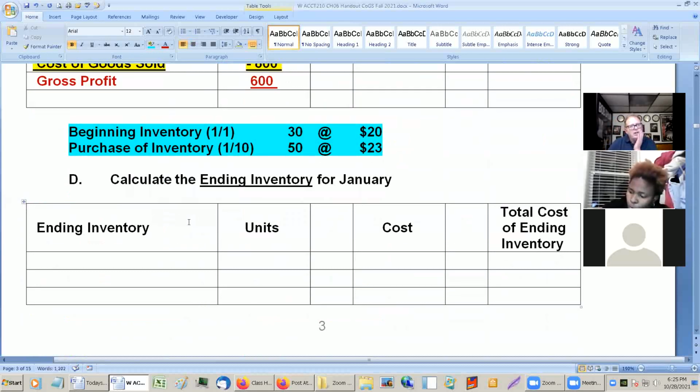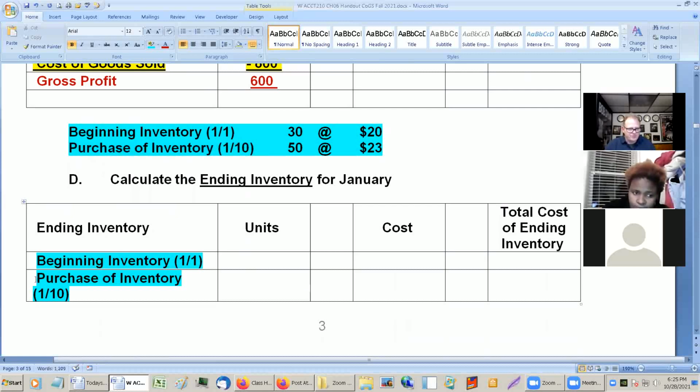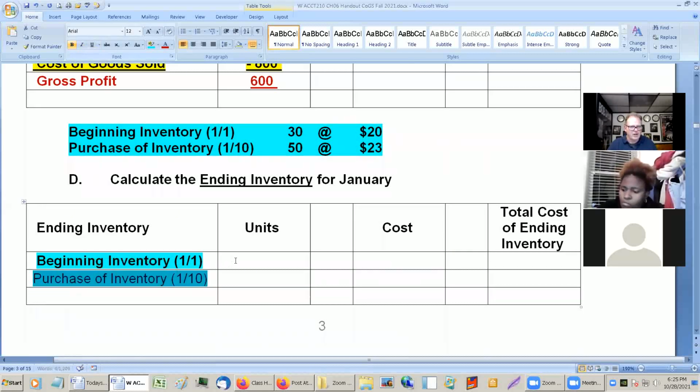Okay, there we go. All right, so we had 30 units at 20, and we had 50 units at 23.